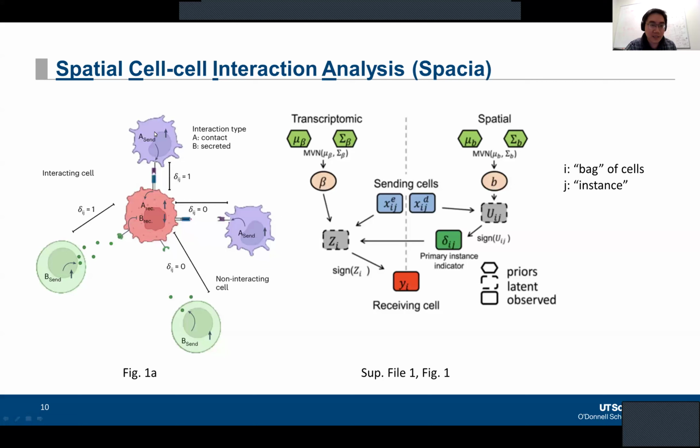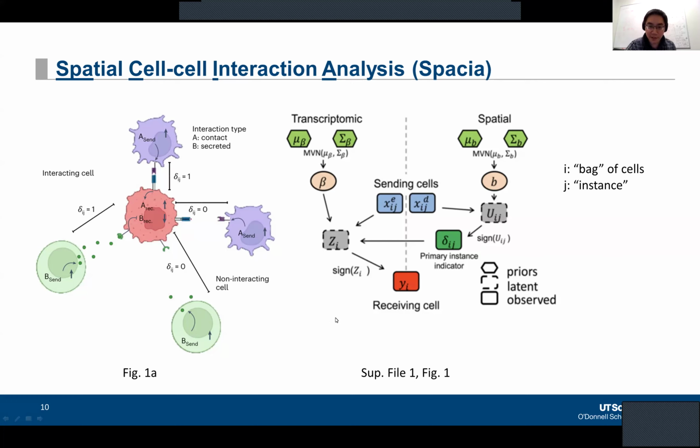Here, I illustrated two different types of interactions. One, in these purple cells, is a contact-based interaction that occurs over a relatively short distance with genes that are positively correlated in transcription. And then in these green cells, we have a secretory interaction happening at a slightly longer distance with genes that are negatively correlated between the sending and receiving cells.